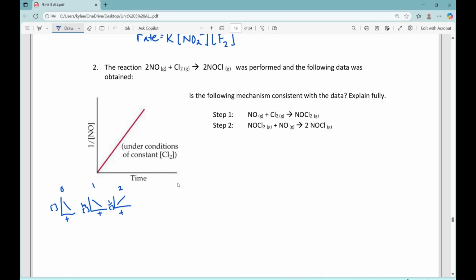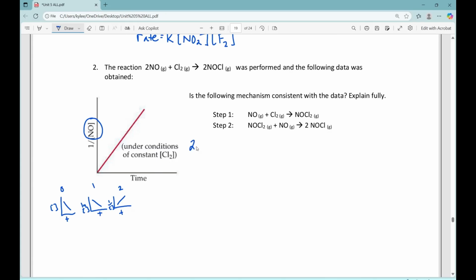So them providing us this graph is essentially telling me that with respect to nitrogen oxide, this is going to be second order, because it's the 1 over the concentration versus time graph that's giving a linear plot.